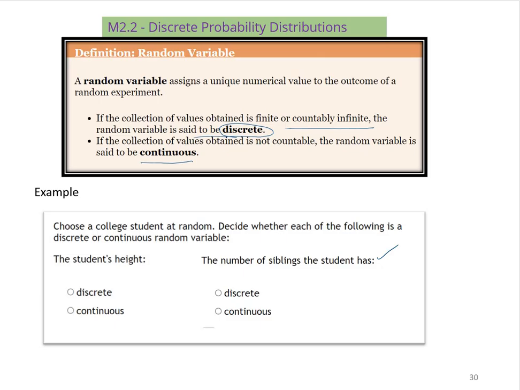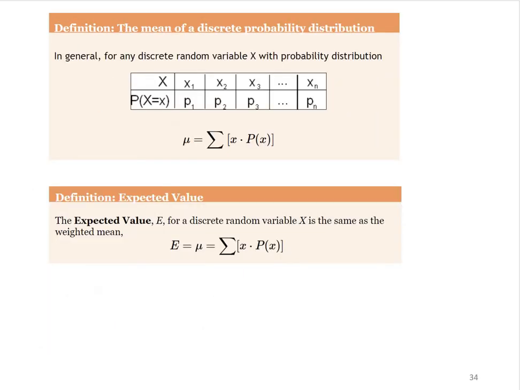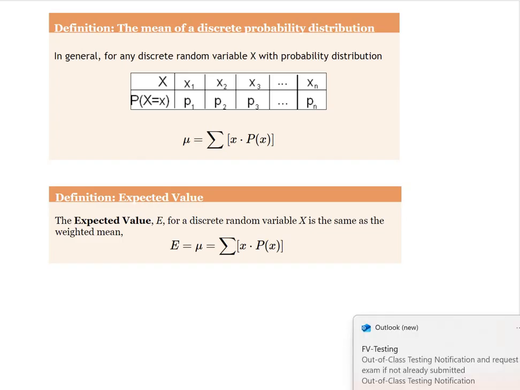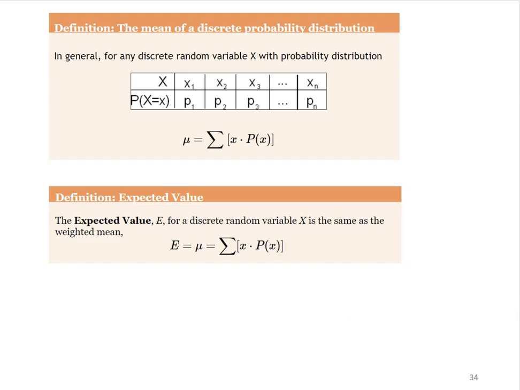That's why it is again a discrete one. So the next thing is how to find the mean of a discrete probability distribution. What is the meaning of mean? For the frequency distribution, it is not like that. How to find the mean is something different from the mean that we calculated in the previous area.